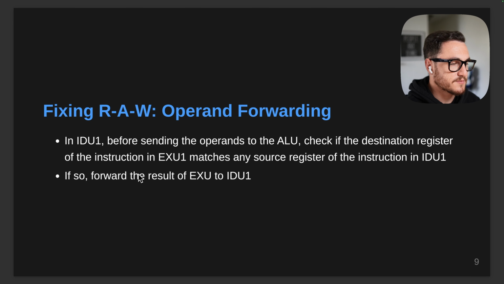In IDU1, before sending the operands to the ALU, let's check if the destination register of the instruction in EXU matches any source register of the instruction in IDU1. And if so, bypass forward. There are 1,000 different ways you can find this in industry, but basically forward the result from EXU to the output of IDU1 or to the input of EXU, because it's pretty much the same thing.